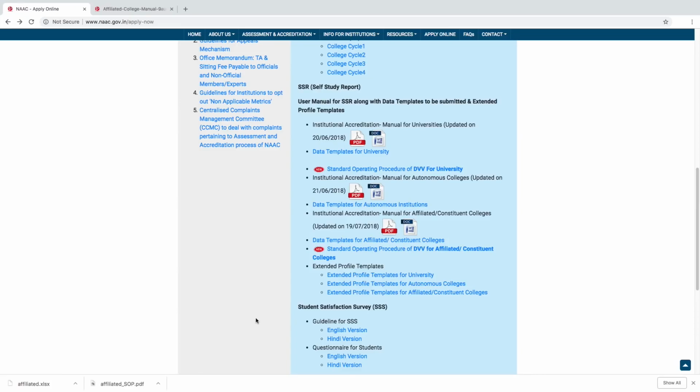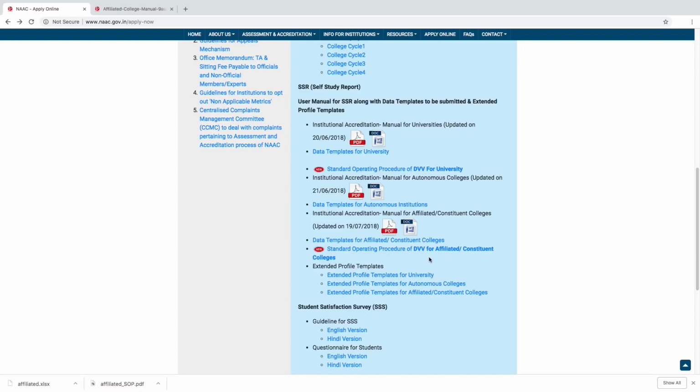Now, understanding the manual that can be obtained from here, understanding the templates for which we need data in a structured format preset by NAAC in Excel, and understanding the standard operating procedure for data validation and verification that guides you about the documents you are supposed to give. We assume that the institution prepares this data before the assessment and accreditation process and applies for the IIQA.